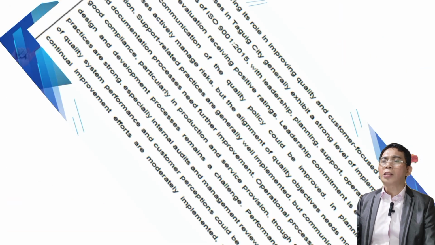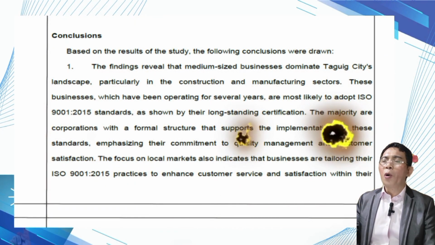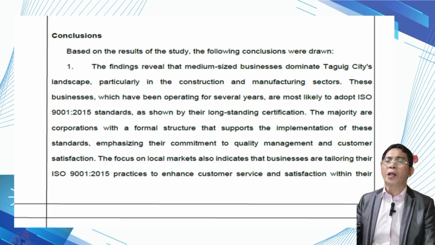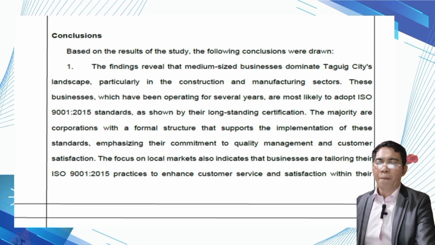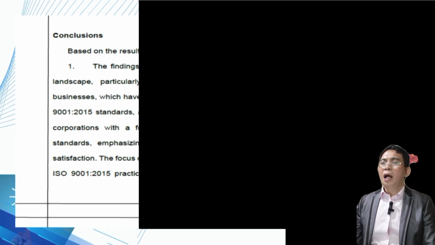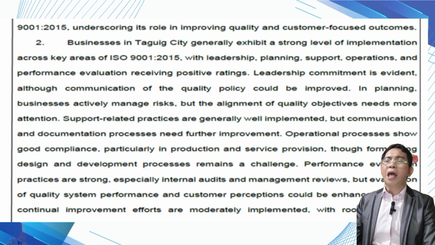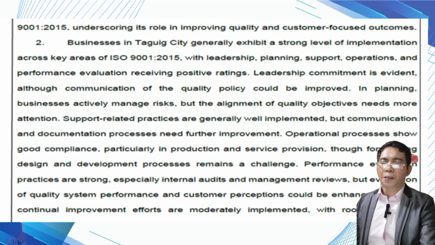And you are now discussing conclusion number 1: the findings reveal that medium-sized businesses dominate the Taguig City landscape, particularly in the construction and manufacturing sectors, etc. For number 2, businesses in Taguig City generally exhibit a strong level of implementation across the ISO 9001:2015, with leadership, planning, support, operations, and performance evaluation receiving positive ratings.